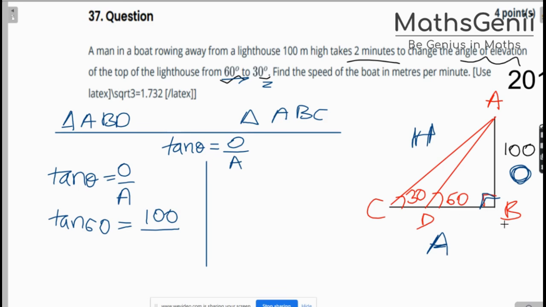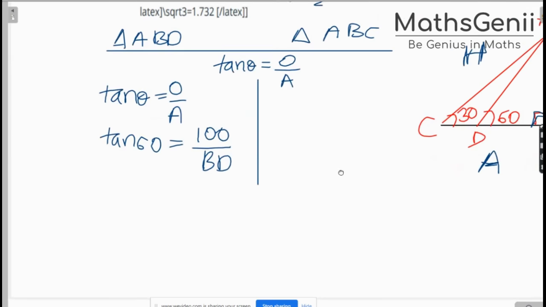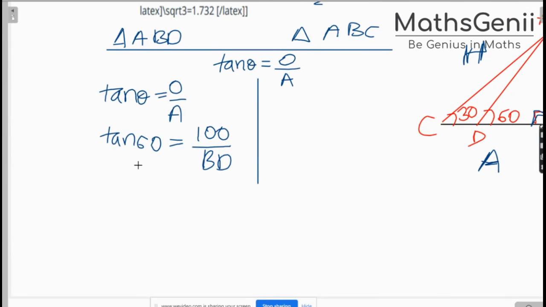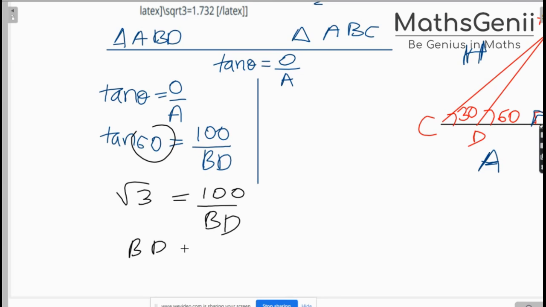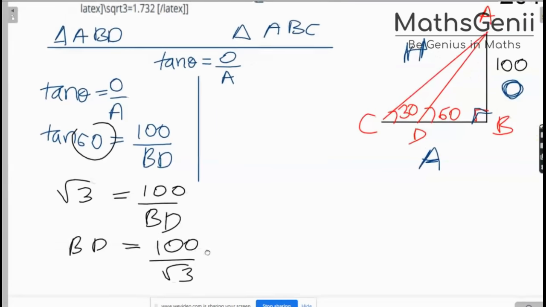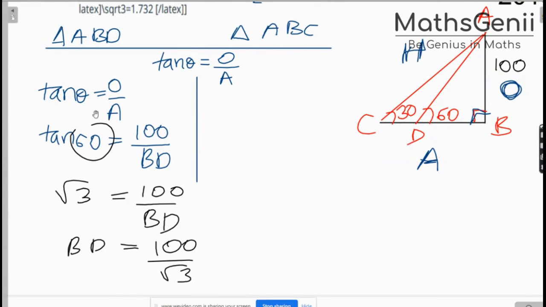In the smaller triangle, A is BD. Go into the trigonometry table quickly and see the value of tan 60. Tan 60 is always root 3. So 100 upon BD. What is the value of BD? In your case, it is 100 upon root 3. So this is the value of your BD.